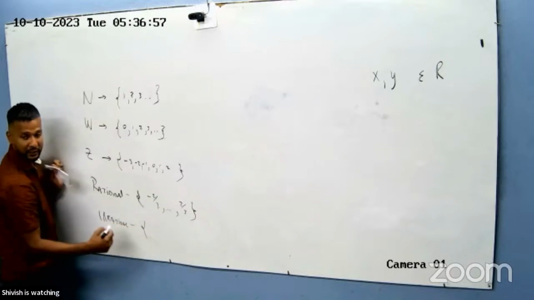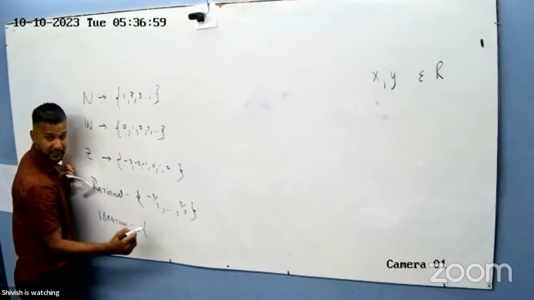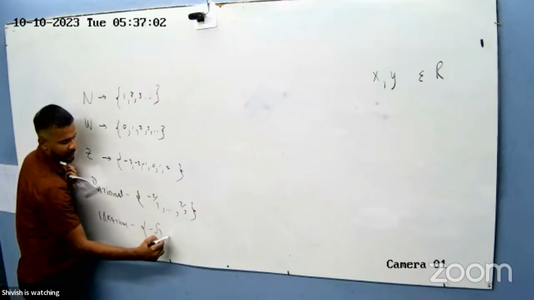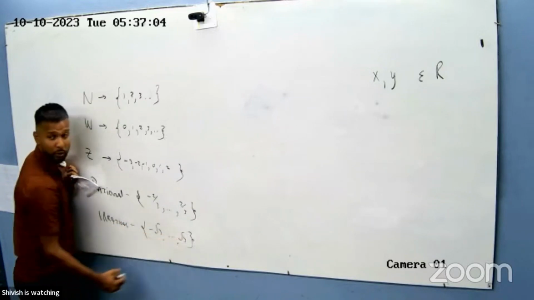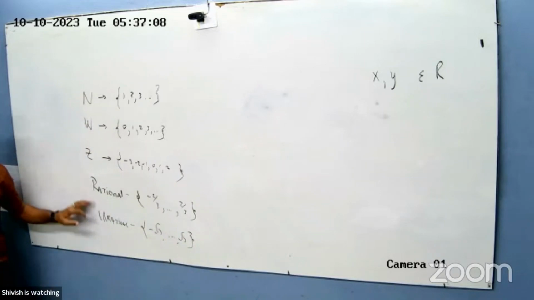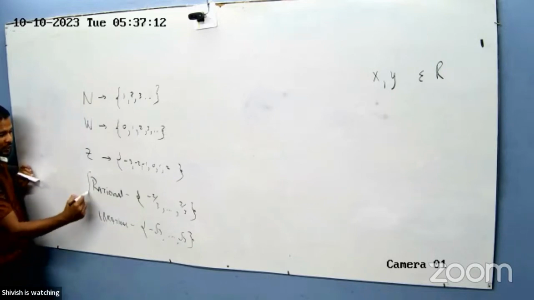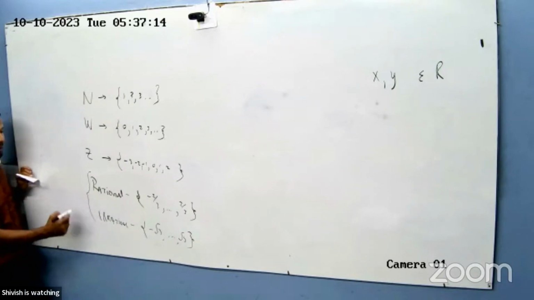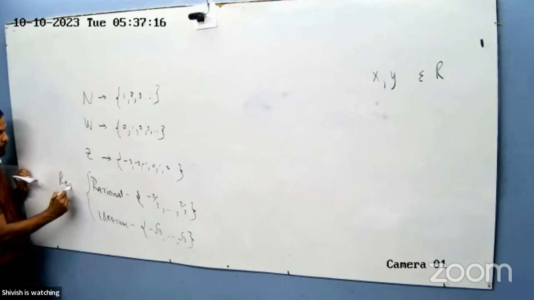Irrational will be things like roots, like surds, like negative root 3 and positive root 3 and so on. Rational and irrational have nothing in common. But if we combine all the rational numbers and all the irrational numbers, we end up with what we call the real number system.